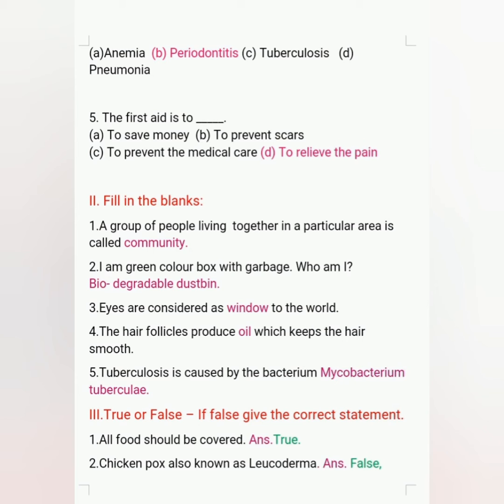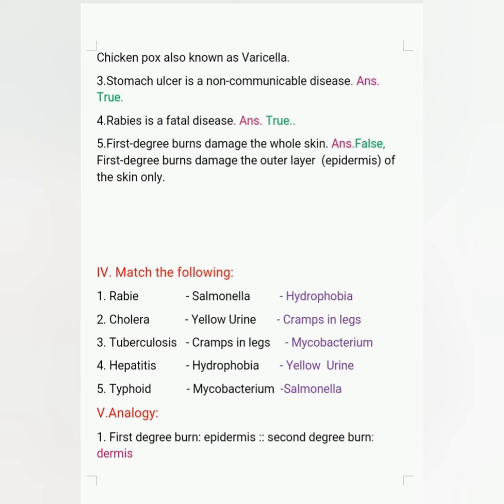The third Roman is true or false. If false, give the correct statement. Question number 1. All food should be covered. The correct answer is true. Question number 2. Chickenpox is also known as leukoderma. The correct answer is false. The correct statement: chickenpox is also known as varicella. Question number 3.